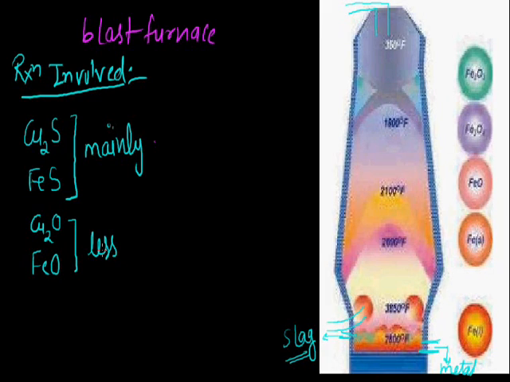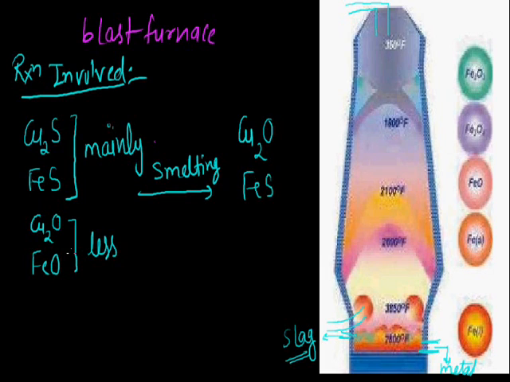Now we are doing smelting here. In smelting, some amount of copper sulfide and ferrous sulfide is also converted into oxides, cuprous oxide and ferrous oxide. So we can say that after smelting we mainly obtain oxides of copper and iron and some trace amount of sulfides, and this is done in the blast furnace.